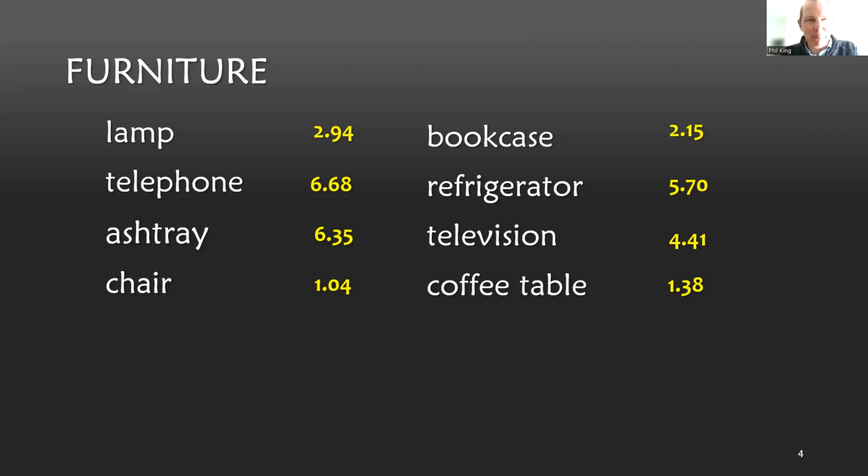Maybe they're such bad examples, they're not really furniture at all. But in between, we have things like lamps and bookcases and televisions that are sort of examples of furniture, but sort of not.